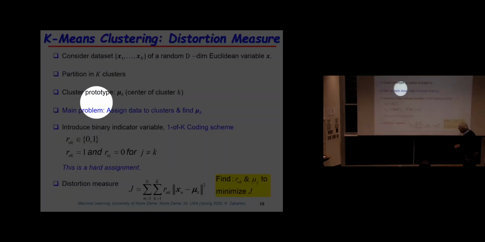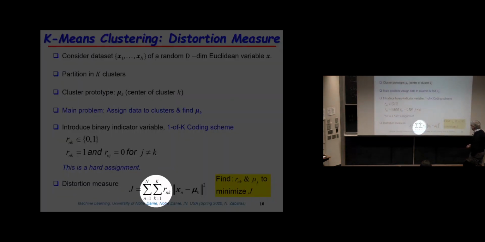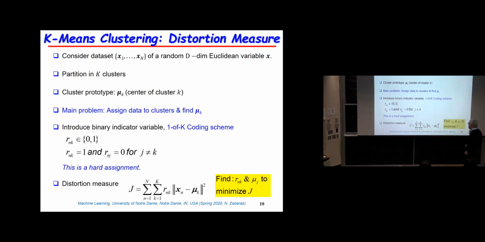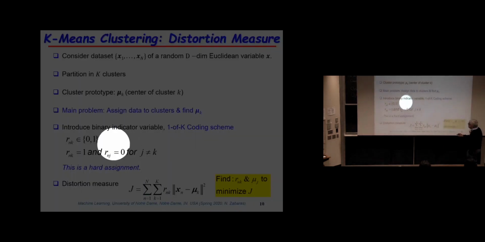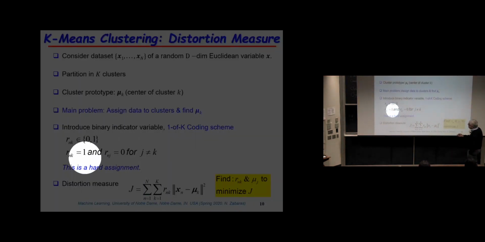The optimization problem is to minimize this distortion measure that we see here, all right? A few definitions: we are looking at data points n, from little n equal to 1 to capital N, and r_nk is equal to 1 if point n is assigned to cluster k, otherwise it's 0. All right?